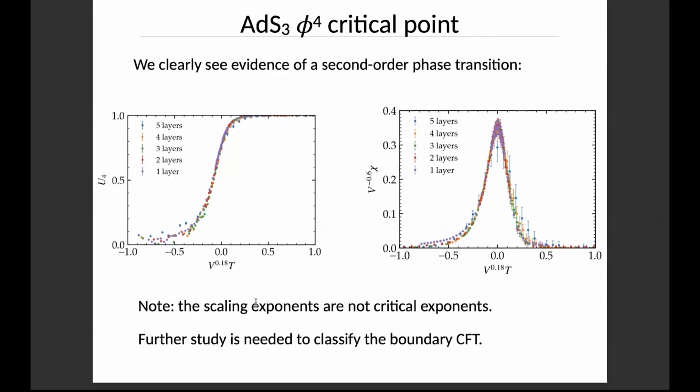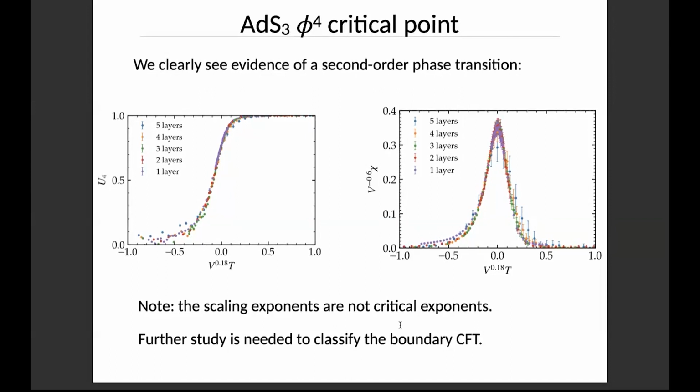The second caveat is that further study is needed to classify the boundary CFT. So ideally, in flat space, you derive critical exponents using this finite size analysis, and then you say, aha, these exponents mean this is part of the Ising universality class, or things like that. You can characterize the theory. So because of this caveat, there is a CFT, there has to be, there's definitely a bulk critical point.